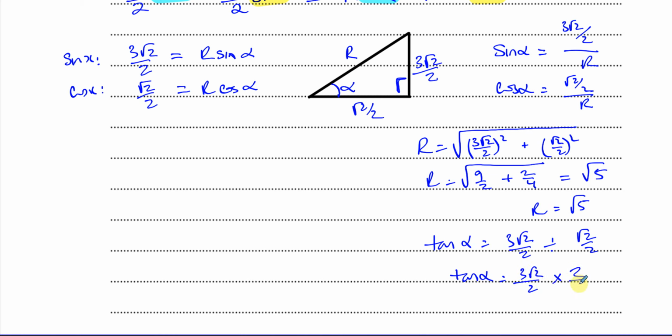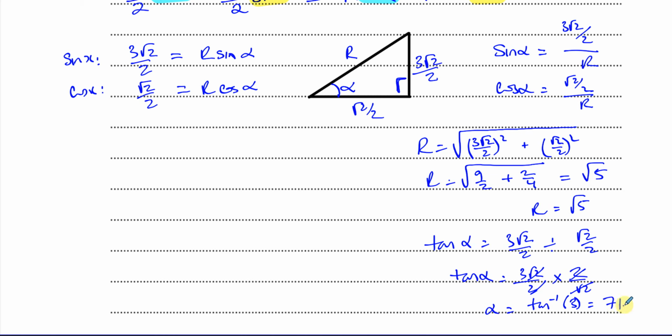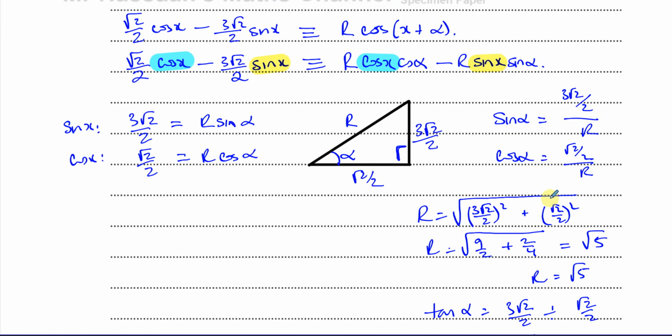Root 2's cancel out, 2's cancel out, so alpha is going to be inverse tan of 3. We can work out what that is. Inverse tan of 3, in degrees, is 71.565 degrees. We'll round it to the proper accuracy at the end. So we worked out what r is, we worked out what alpha is, and we can write our answer down.